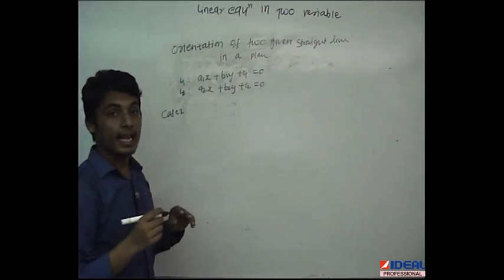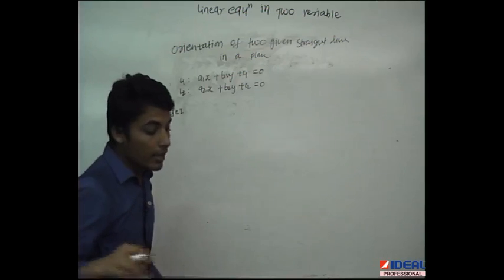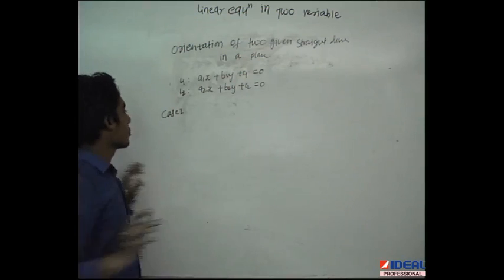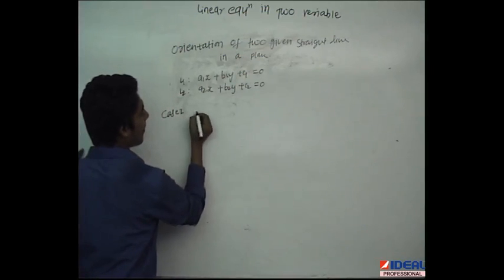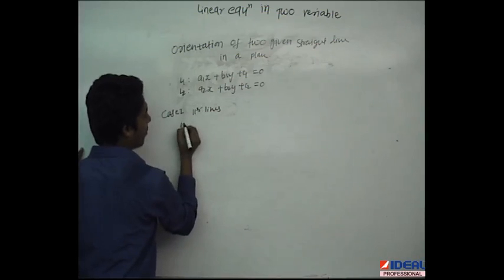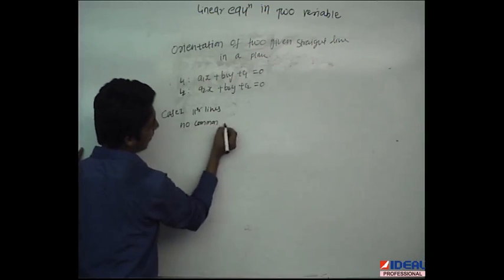Case 1, suppose these lines are parallel to each other. It means no common point between these two lines. So case 1: parallel lines, no common point.